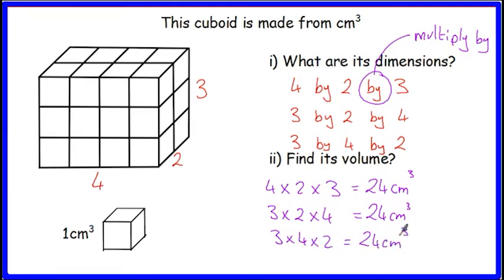So to find its volume, you multiply its 3 dimensions together. Often that is just length times width times height. It doesn't really matter which one is length, width, or height, because they can be turned in any way.